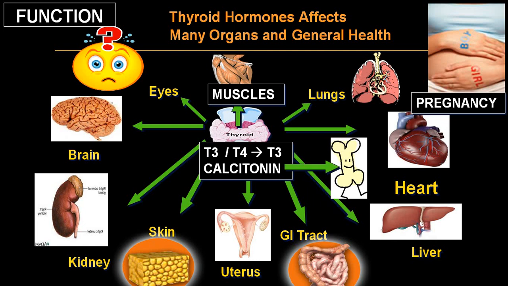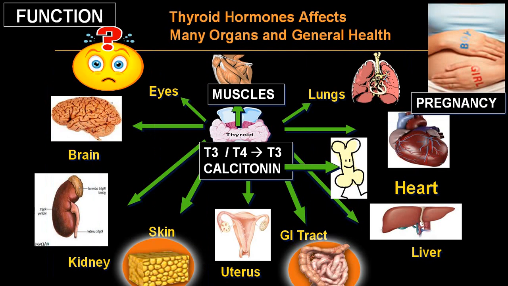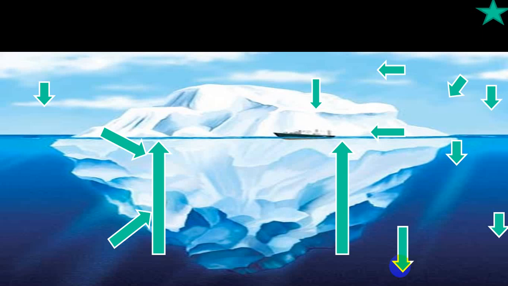Calcitonin will be acting on bone as well as on kidney and GI tract, these three structures, and it will take part in calcium homeostasis.